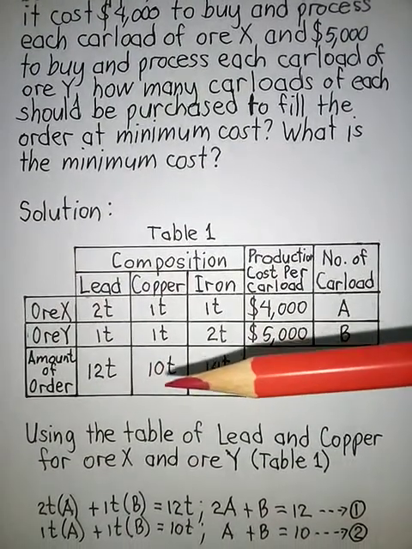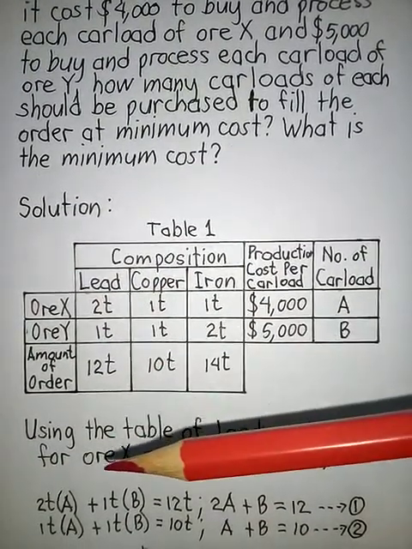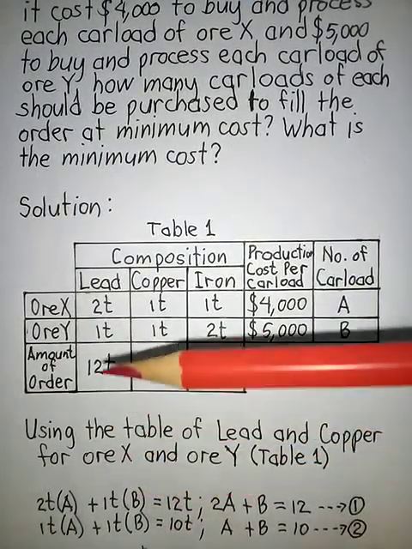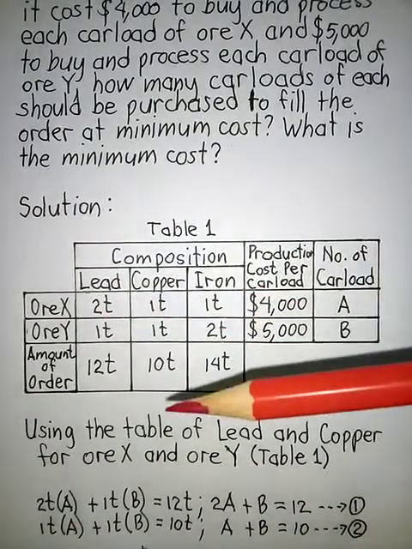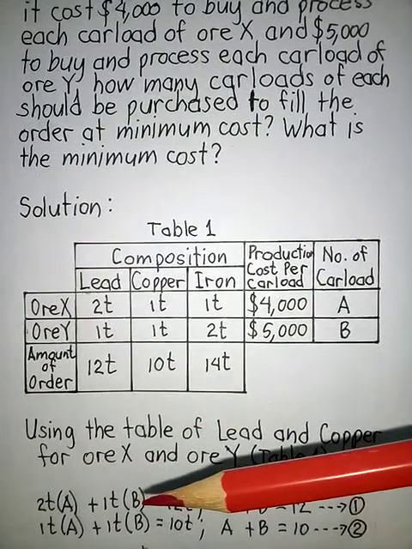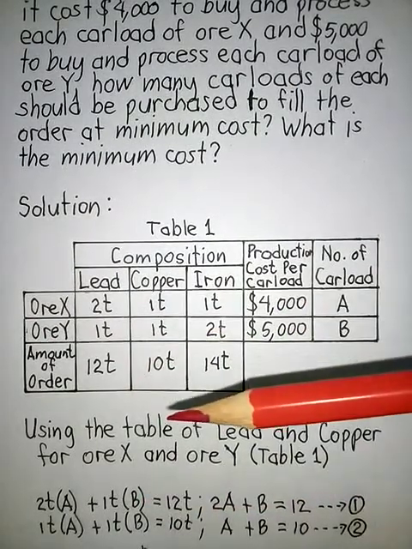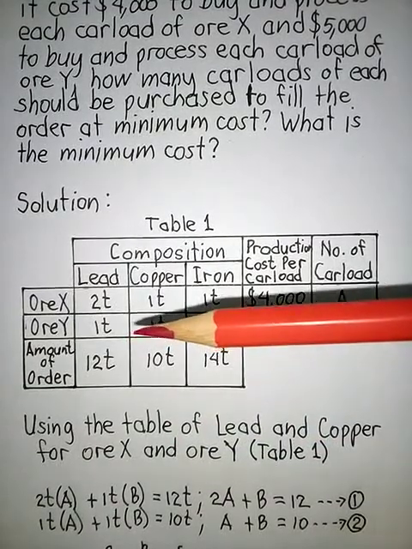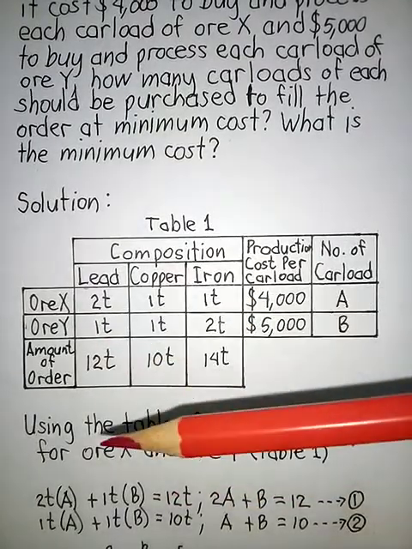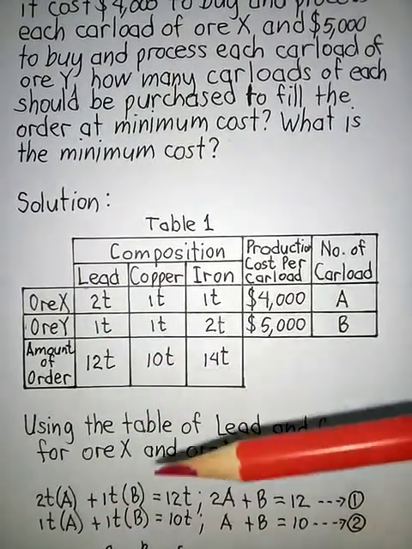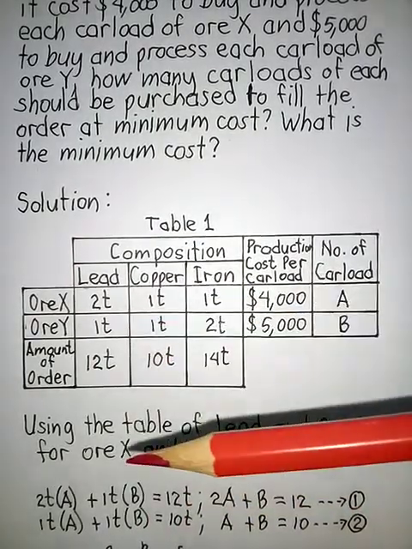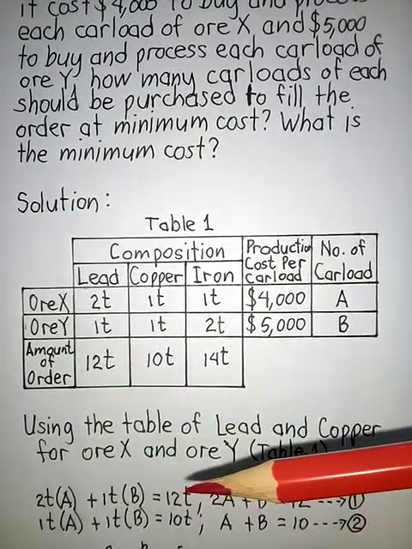We multiply 2T by A, the number of carloads you must purchase, for the lead, and then 1T multiplied by B for the copper. So this is for ore X. And for ore Y, we have 1T multiplied by A and 1T multiplied by B to get the required 12T, and the same with ore X, required 12T.